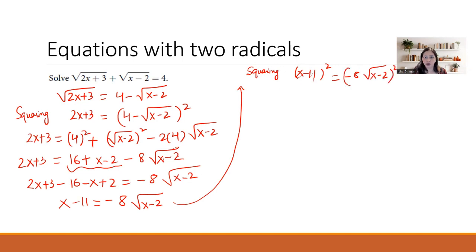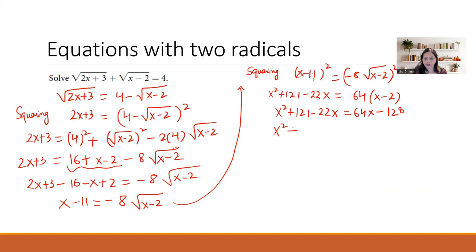Now you use the same formula to expand the term on the left-hand side. x squared plus 121, that's the square of 11, minus 2 times 11, 22x. 8 squared is 64. See, minus squared is just plus, so you won't see minus now. So 8 squared is 64, and x minus 2 will be there because the square root squared will be just x minus 2. And now you simplify this. So x squared plus 121 minus 22x equals 64x minus 128.